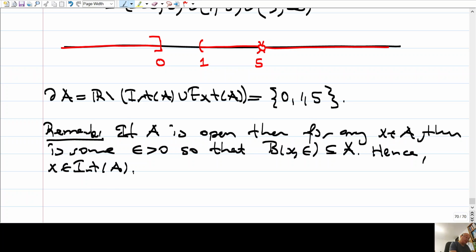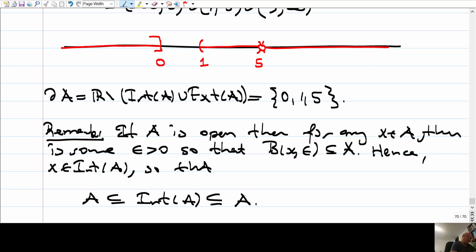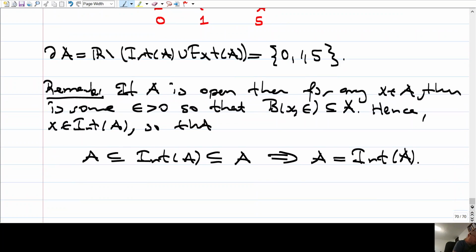Hence A lies in the interior of A. But interior of A is always in A. And this implies what? So that, okay, A is equal to interior of A.